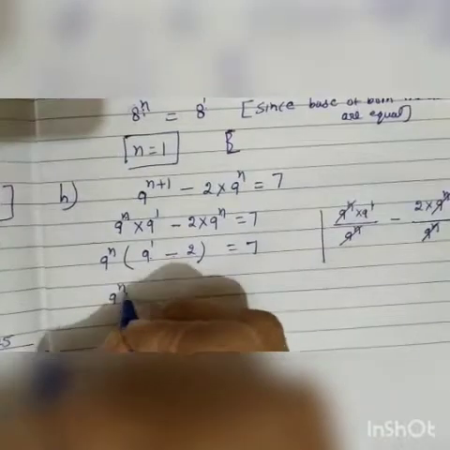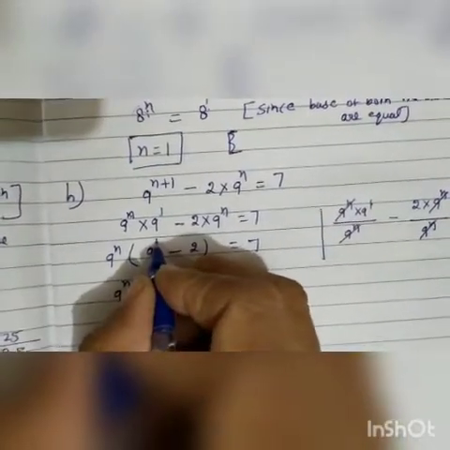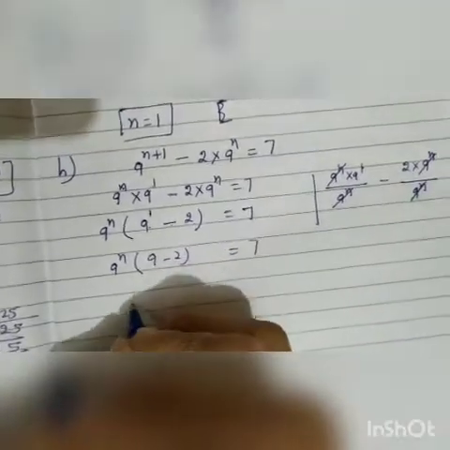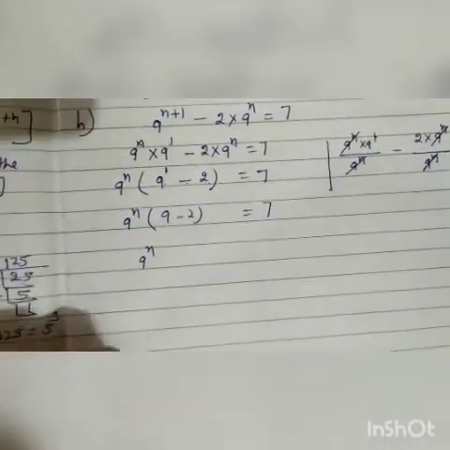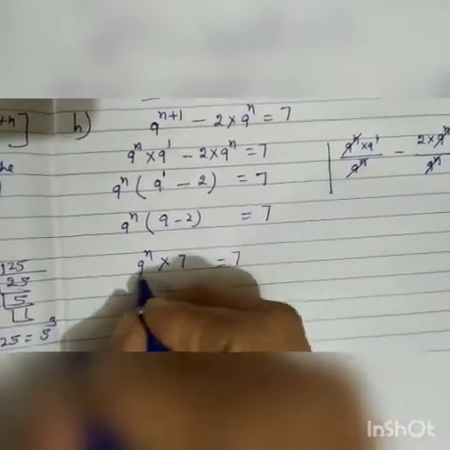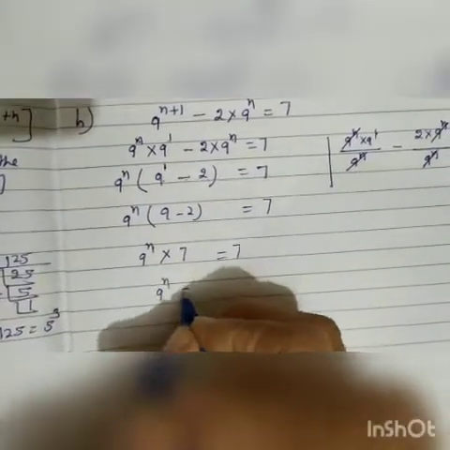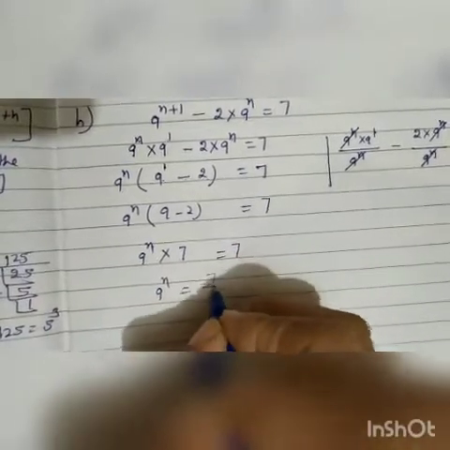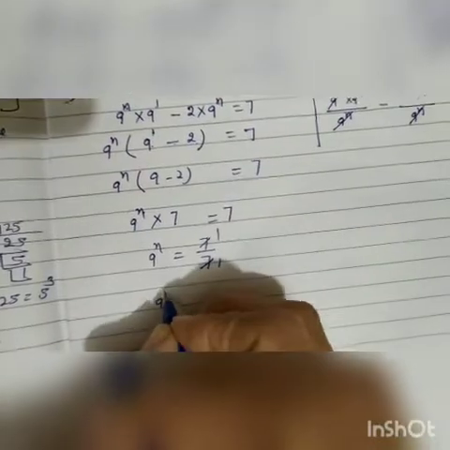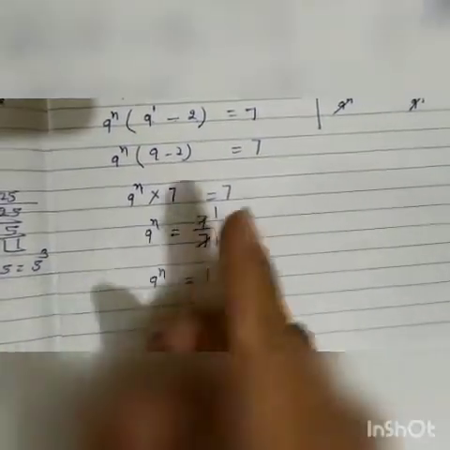Now 9 power n, 9 power 1 means 9, minus 2 equals 7. 9 power n multiplied by 9 minus 2 is 7, equals 7. Then 9 power n is equal to this 7 upon this 7. 7 1 is 7, 7 1 is 7. 9 power n is equal to 1.